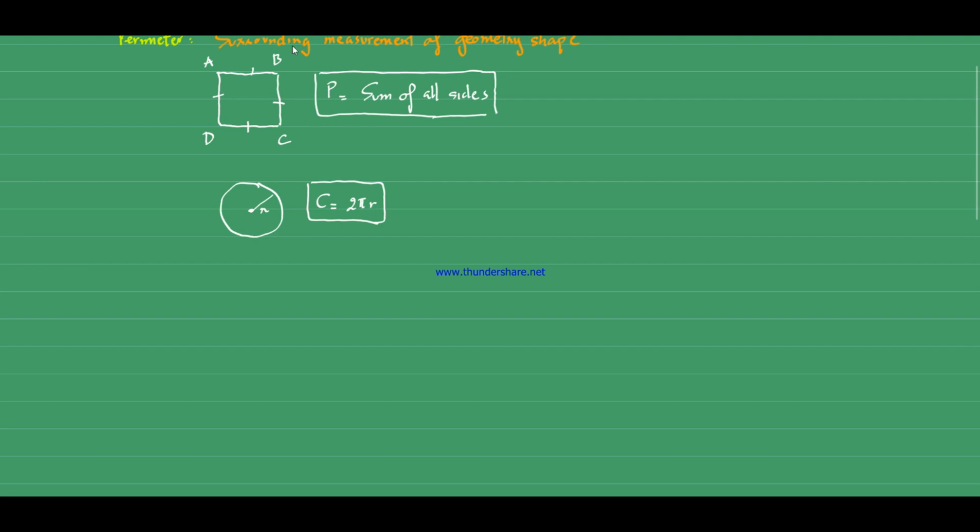Okay, then what is area? Area is the measurement of the surface, the two-dimensional surface, of a geometric shape.